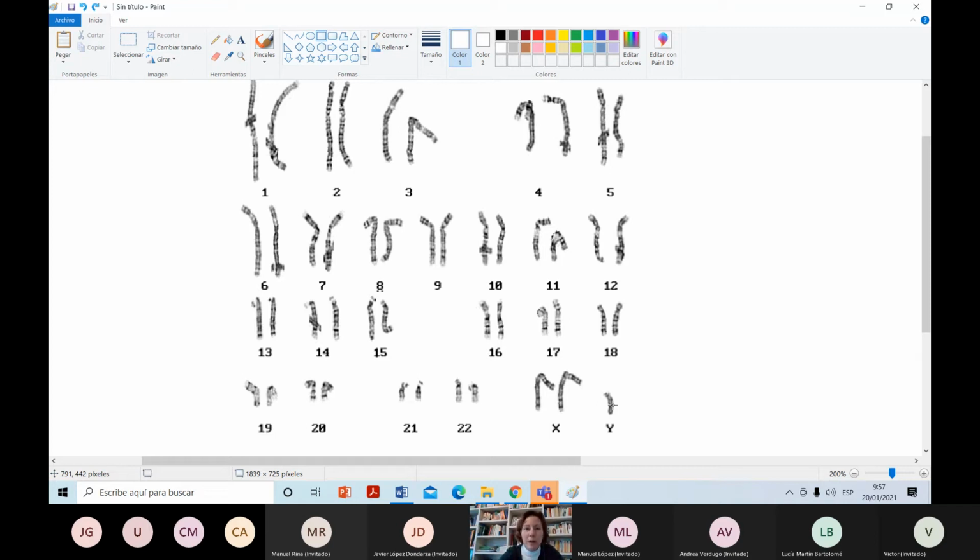Which are possible abnormalities? Those individuals with 45 chromosomes or 47 chromosomes. In case you've got 47, the following thing you've got to see is what is the pair that contains a higher number of chromosomes?